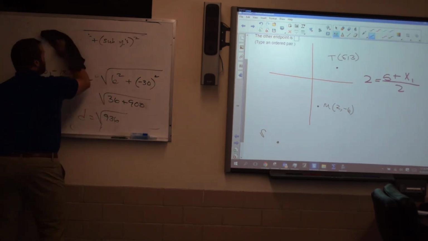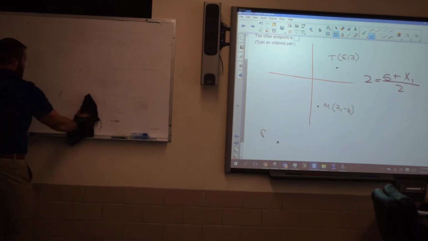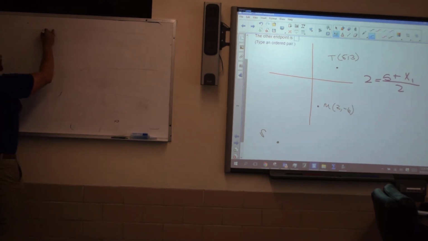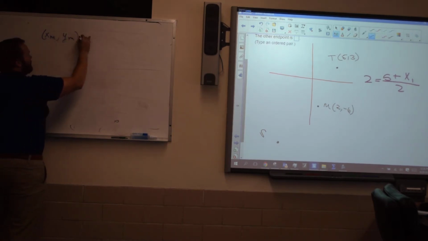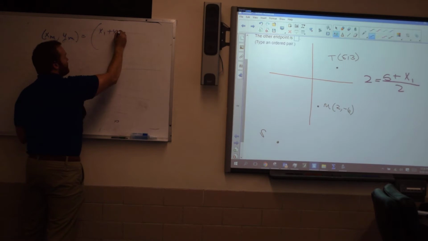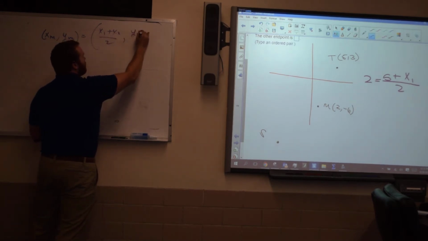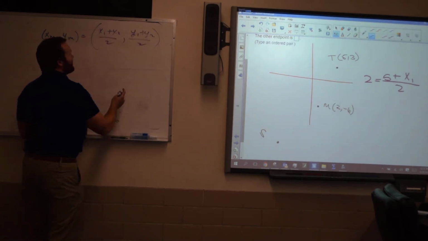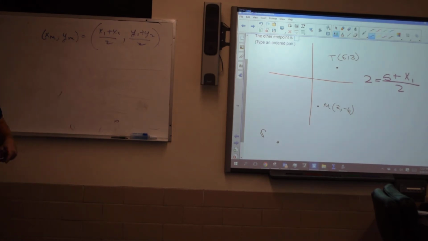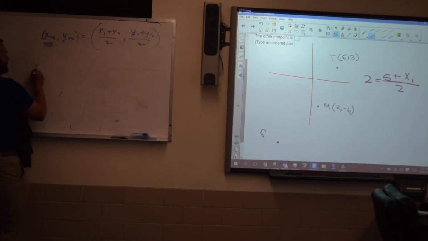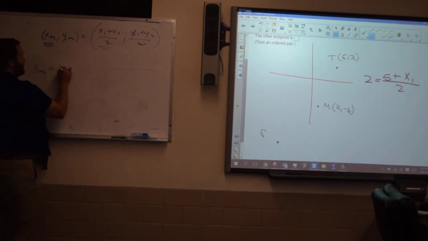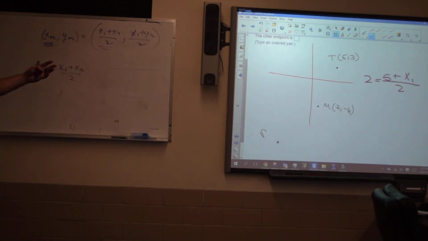We wrote it this way: x sub m comma y sub m is equal to x1 plus x2 over 2 and y1 plus y2 over 2. It doesn't really matter whether you're solving for x1 or x2. But we said that xm was equal to this, x1 plus x2 over 2.